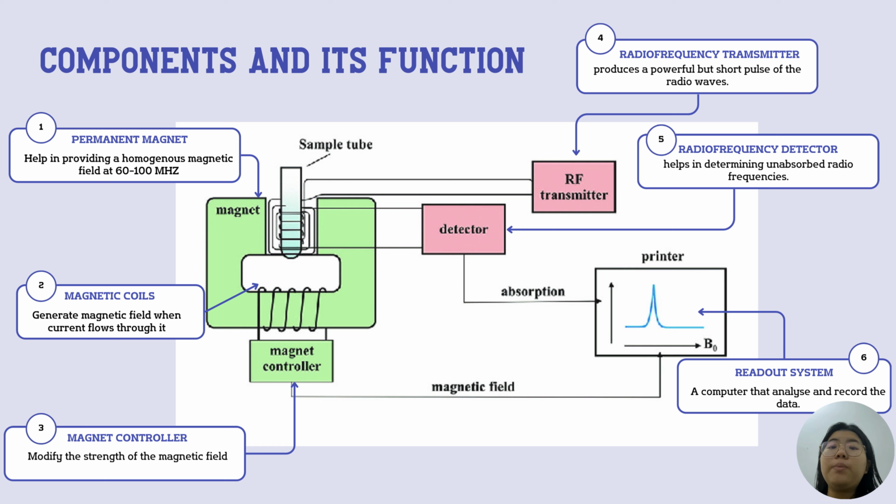The next one is the radio frequency transmitter, which is used to produce powerful but short pulses of radio waves. The fifth is the radio frequency detector, which helps in determining the unabsorbed radio frequency. Finally, the readout system, which is usually a computer that will analyze and record the data.